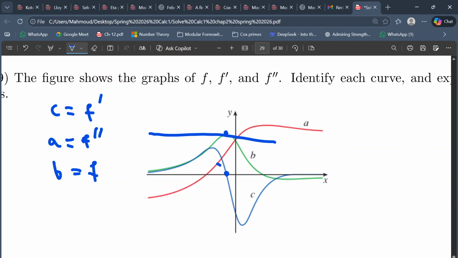Are you good with this? Let me erase this again to make sure that this solution is correct. I will think about it now. We have here a horizontal asymptote.